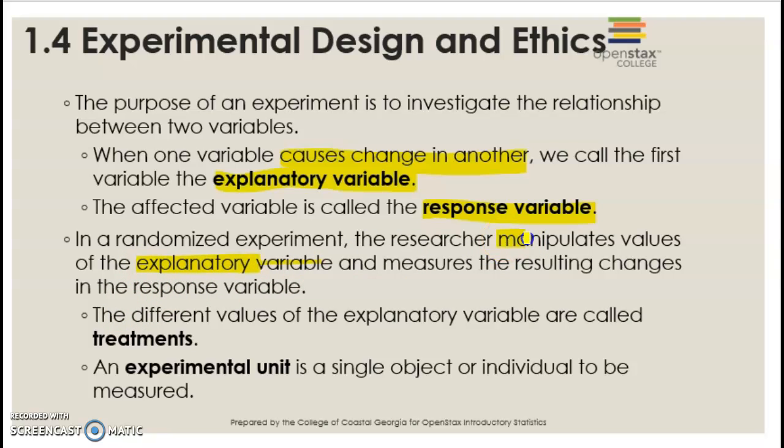They manipulate those, so they change maybe dosages, strengths, and measure the resulting changes in the response variable. The different values of the explanatory variable are called treatments, and an experimental unit is a single object or individual to be measured.